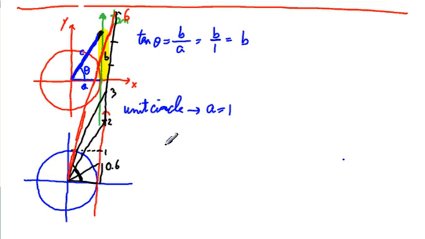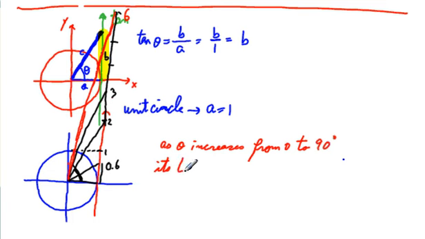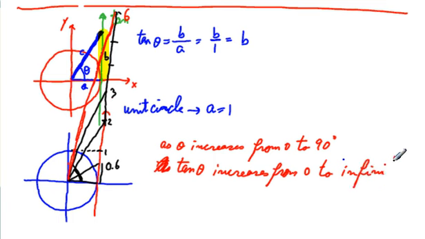So we can say as theta increases from 0 to 90 degrees, tangent of theta increases from 0 to infinity. Infinity we show by this symbol.